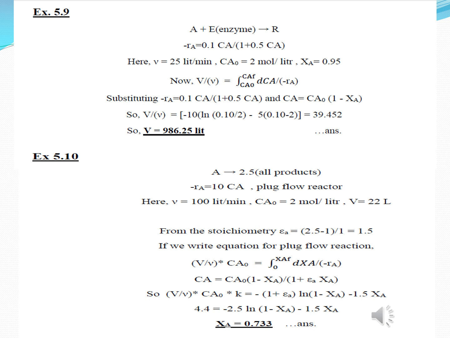Solving it simultaneously, we end up with this form: 4.4 equals 2 minus 2.5 ln(1 minus XA) minus 1.5 XA. Solving this numerically, we get the answer of 0.7733, which comes out to be about 77.3% conversion in this case.